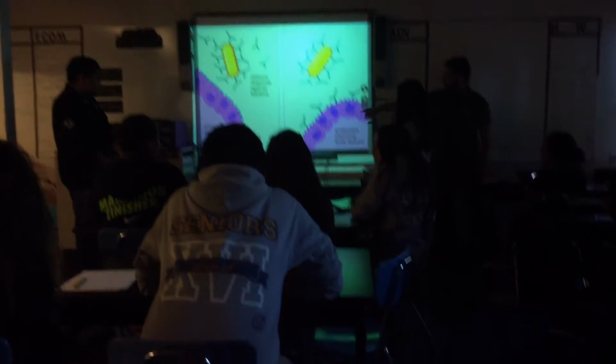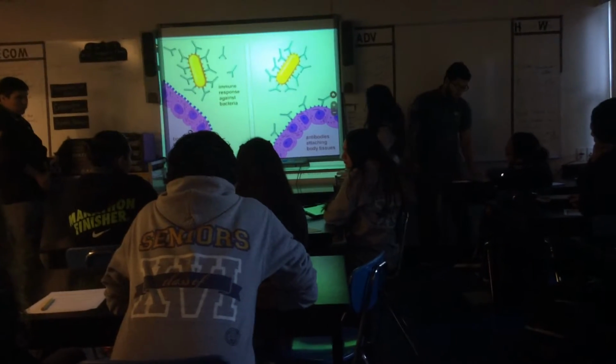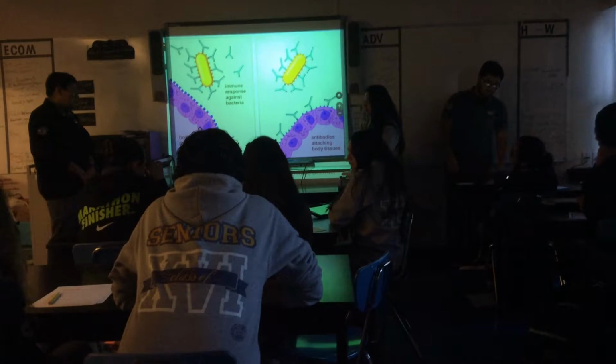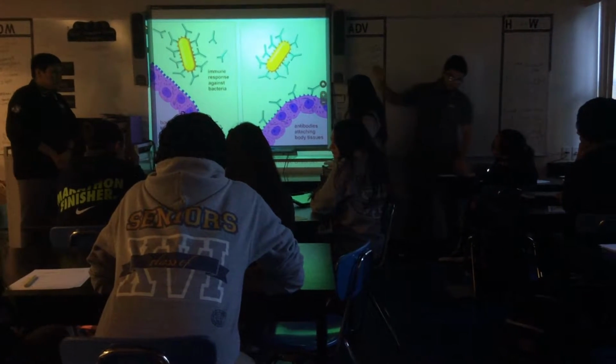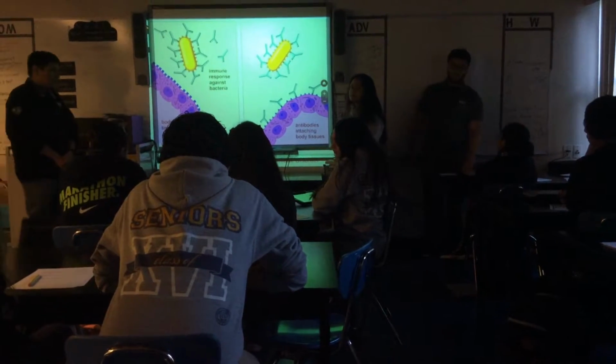The one on the left side is a normal response to the immune system, and the one on the right, actually your left, sorry, is an autoimmune disorder. As you can see, the antibodies are attaching to the body tissue, so they're destroying the healthy cells.